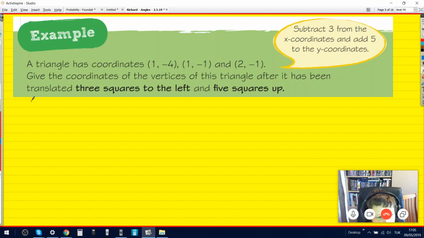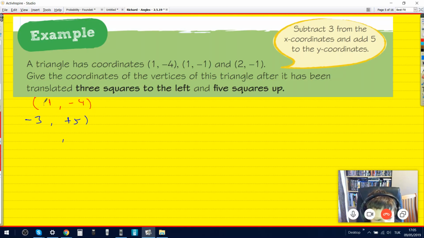So if that goes 3 to the left, you are subtracting 3 from the x. So -3. And 5 squares up would be +5. So what's that going to be? -3, 1.